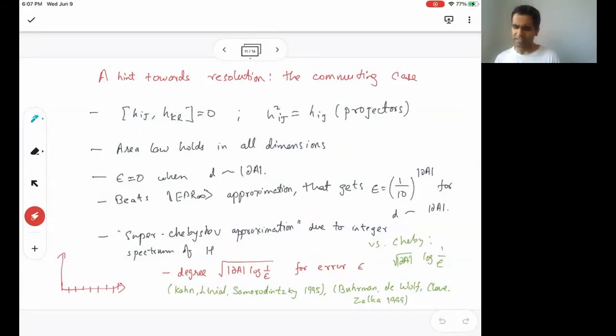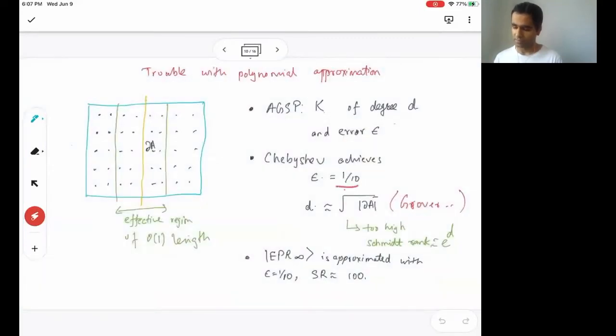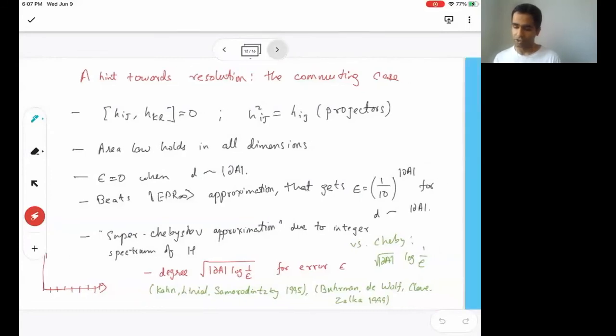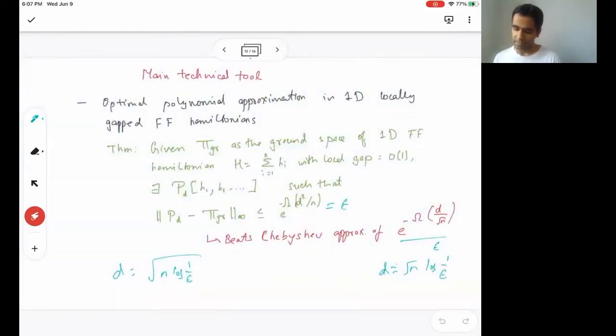And that's actually easy. I mean, for commuting Hamiltonians it's already known in a different way. Right. But the point is that this is a way which is more instructive for the non-commuting case. Right. Okay. And it can explain why this Chebyshev barrier, which we saw here, is not a barrier for commuting Hamiltonians at least. And over here, what you can prove is that for any 1D non-commuting Hamiltonian, we can also get the same behavior.